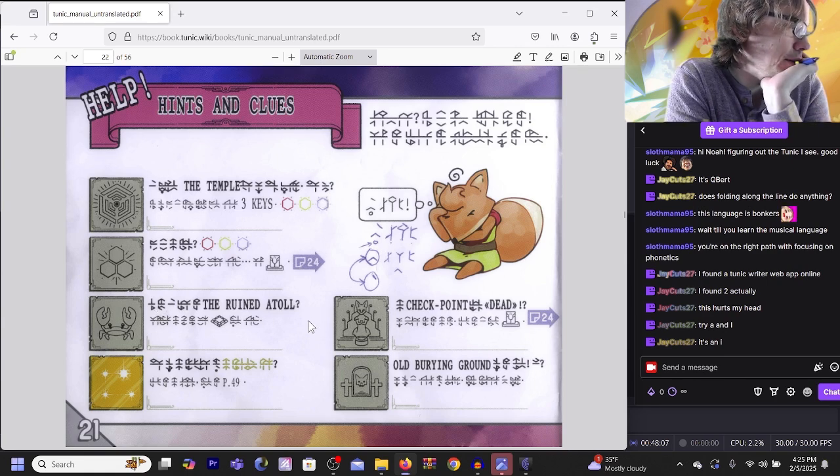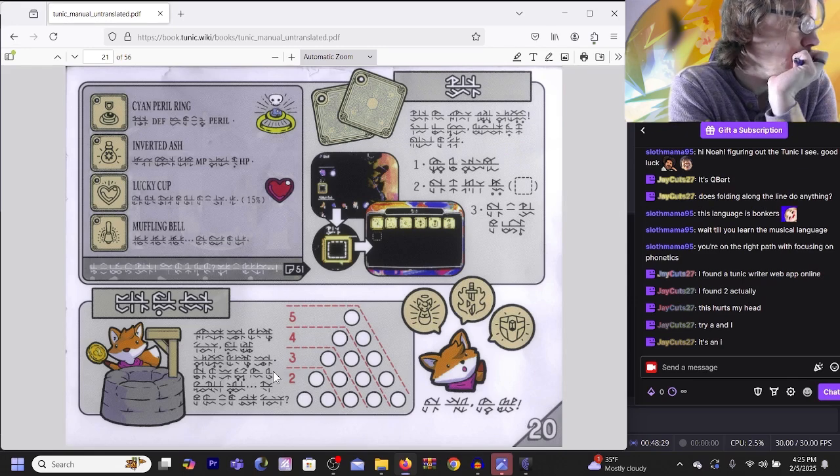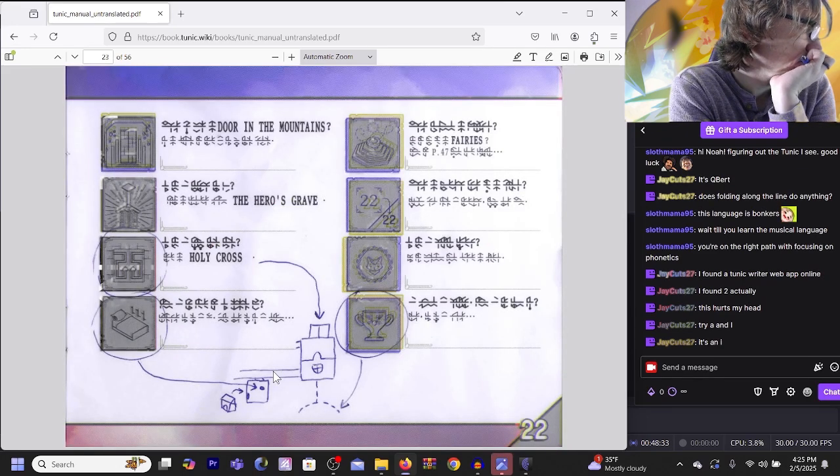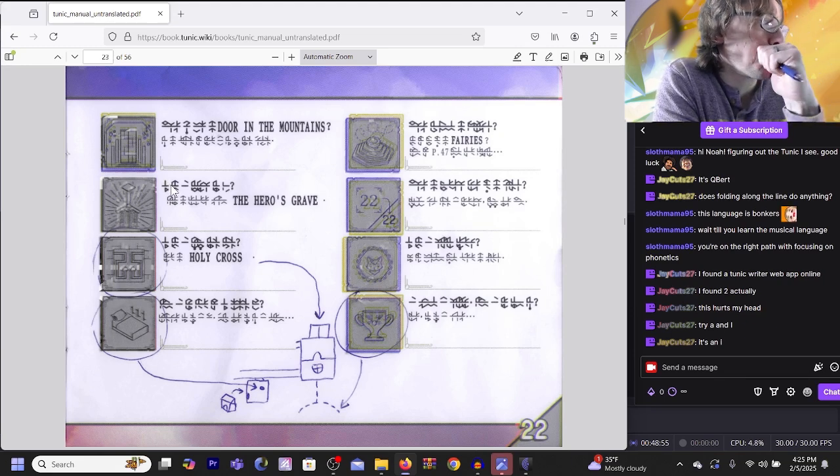Want to get to the ruined atoll? So again, this is what I believe is the golden path. I feel like a lot of these are questions, so these should all... Like, this, to me... Because we think this is the, right?